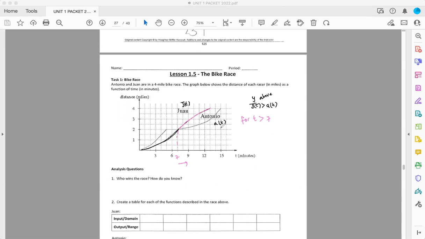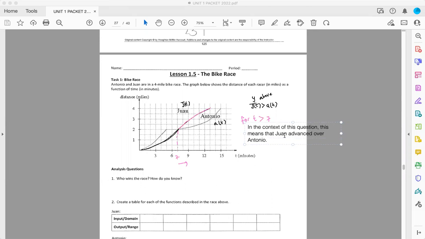And what does this mean in context? In the context of this question, this means that Juan advanced over Antonio, or surpassed, or passed him.